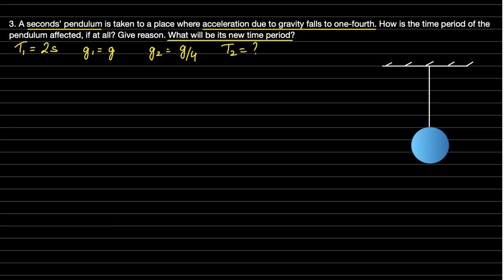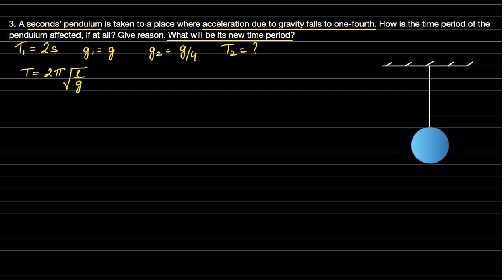Now we know the formula for a simple pendulum, that is T is equal to 2 pi root of L divided by g.